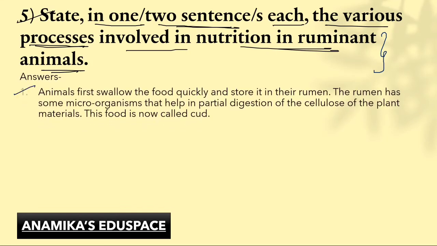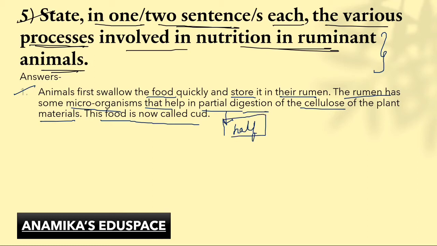Animals first swallow the food quickly and store it in their rumen. The rumen has some microorganisms that help in partial digestion of the cellulose of the plant material. Then the food is now called cud. So partial digestion means half digestion of the food is done. And that half digested food turns into cud, which is a semi-solid food.